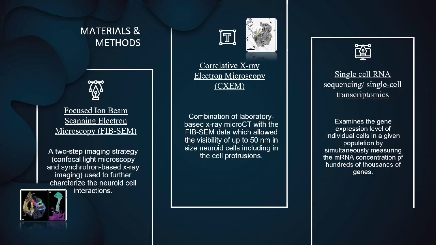Then we have correlative X-ray electron microscopy, which is a combination of laboratory-based X-ray microscopy with the FIB-SEM data, which allowed the visibility of up to 50 nanometer in size neuroid cells, including in the cell protrusions. Then we have single-cell RNA sequencing, or single-cell transcriptomics, which examines the gene expression level of individual cells in a given population by simultaneously measuring the mRNA concentration of hundreds of thousands of genes.